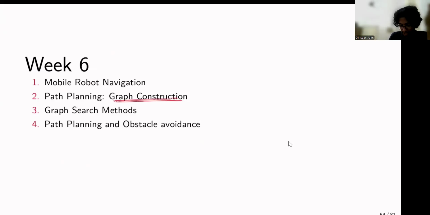And once you construct the graph, you use graph search methods to select the optimal path from the start position to the goal position. And in week 7, we discuss the design of motion controllers.